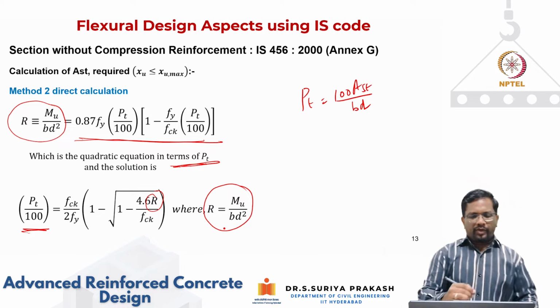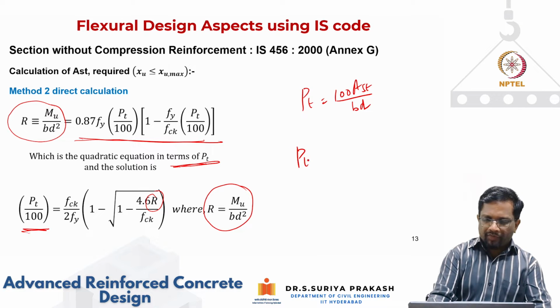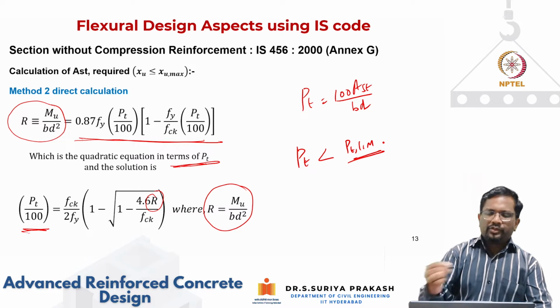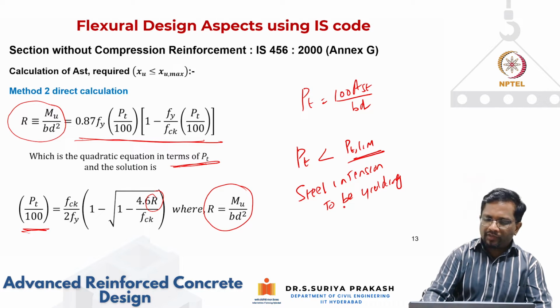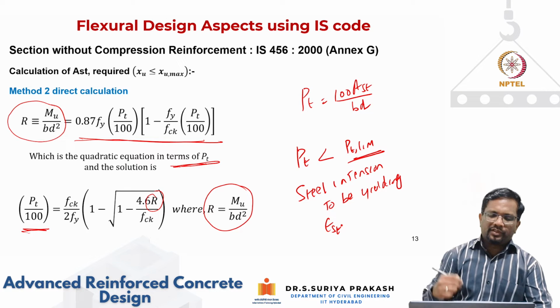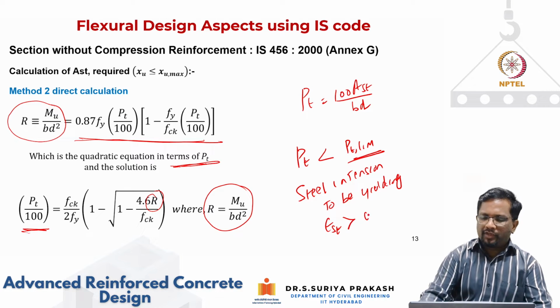But here also we have to make sure the pt that we are getting should be less than pt limiting. Okay. So why is this condition there? We always want the steel in tension to be yielding. Or in other words, epsilon st, the tension steel strain, has to be greater than 0.002 plus 0.87 fy by Es as per your IS code.